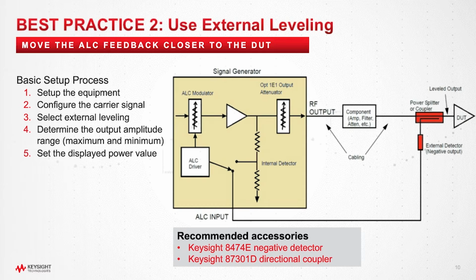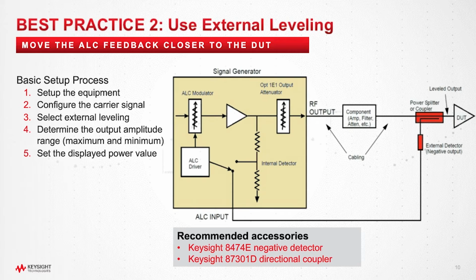As the RF power level at the input of the power coupler changes, the external detector returns a compensating negative voltage. The ALC circuits use this negative voltage to level the RF output power by raising or lowering the signal generator power. This ensures a constant power level at the input of the power coupler.